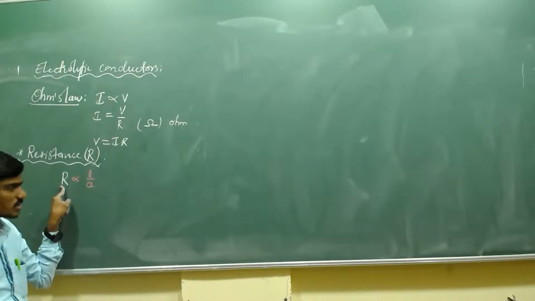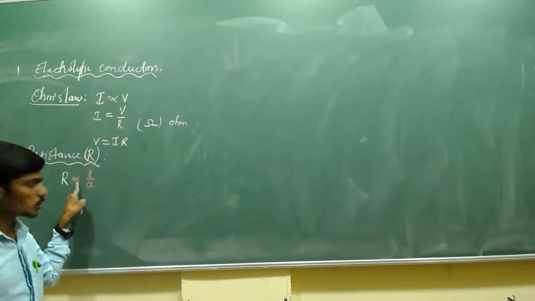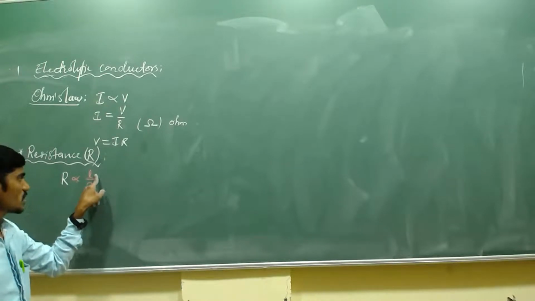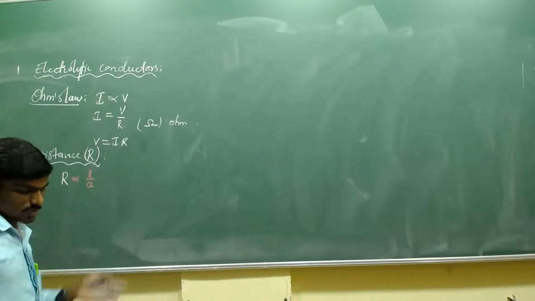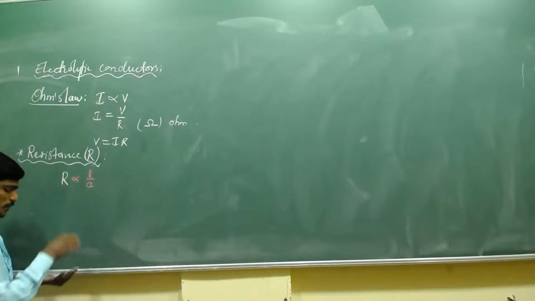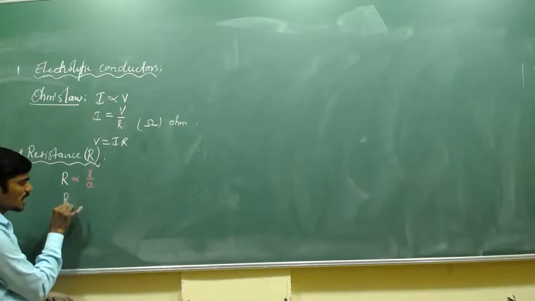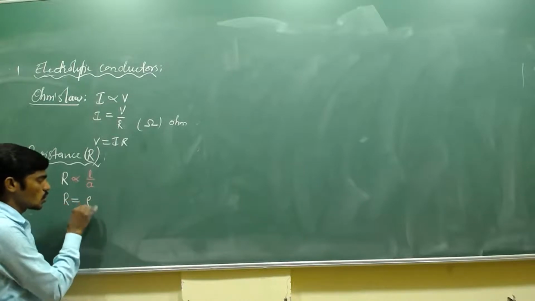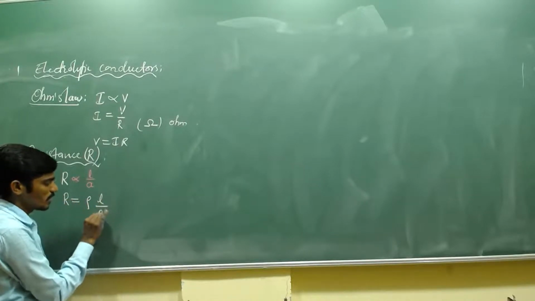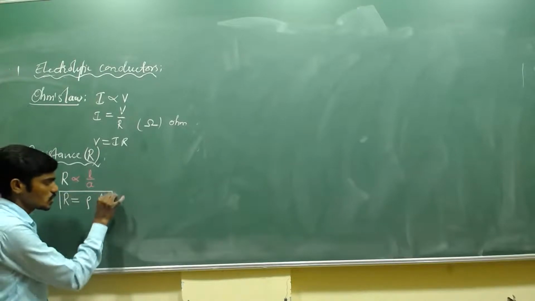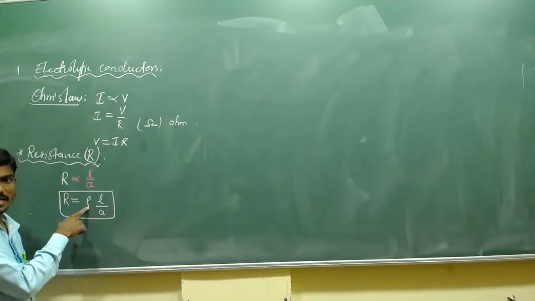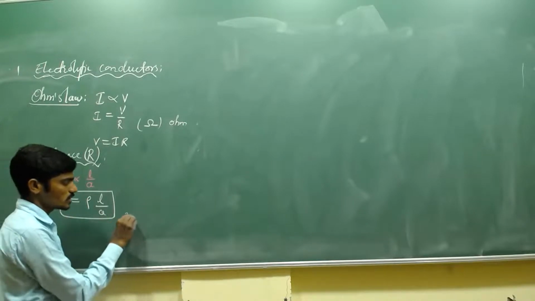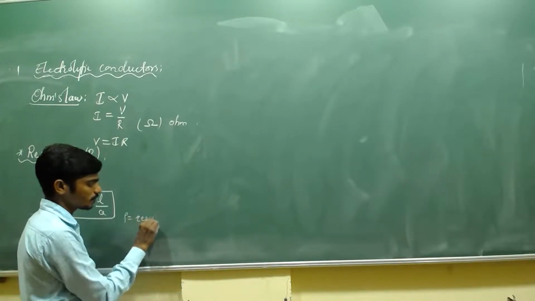If we put in the proportionality constant, R equals rho into L by A, where rho is known as resistivity, or you can call it specific resistance.